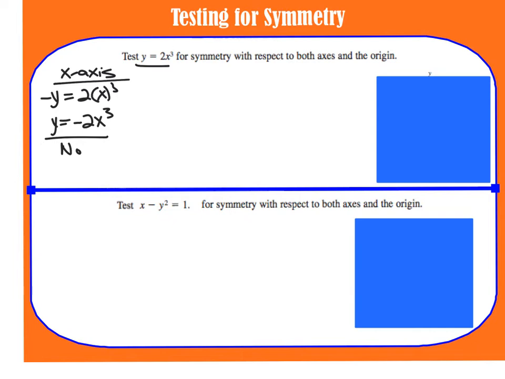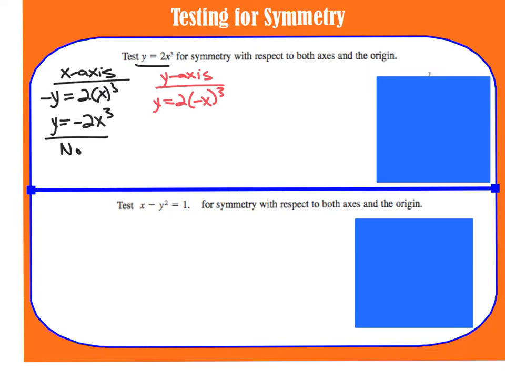So now let's test for y-axis symmetry. If I do y-axis symmetry, I substitute what in? I change what? The x. The x becomes negative x. So now I have y equals 2 times negative x cubed. When I raise a negative to an odd power, what happens to that negative?